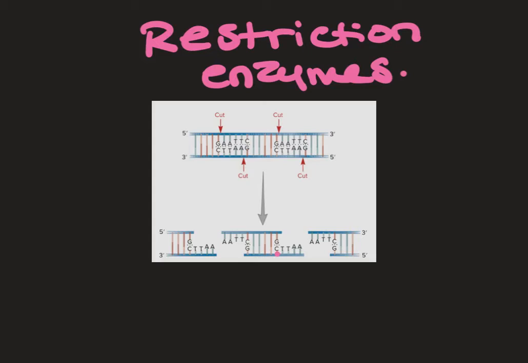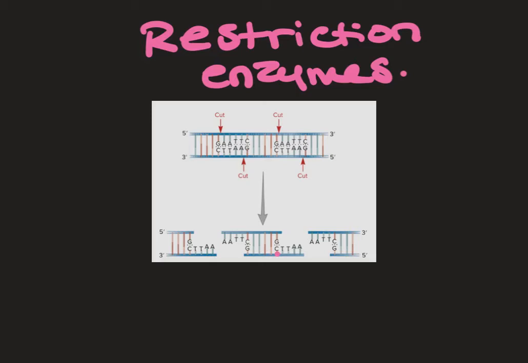So when a restriction enzyme does its job, because DNA is anti-parallel, whatever sequence is cut out will also be present on the complementary strand of DNA. There are two different types of cuts that these restriction enzymes can bring about.